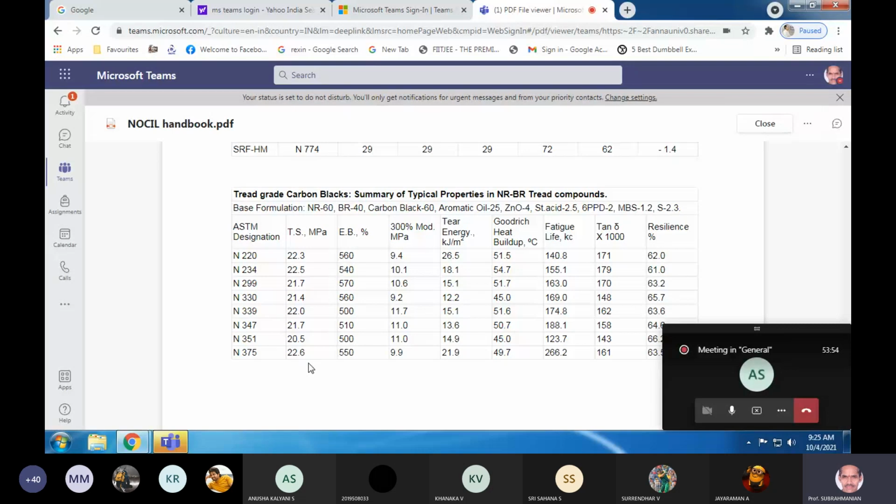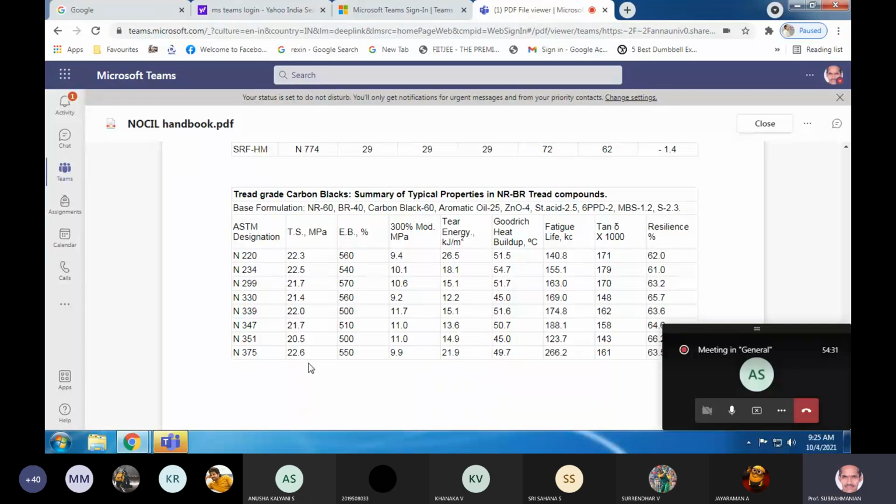How does it matter? It matters a lot in terms of fatigue life. Fatigue life in kilocycles, 150 plus. And if I increase the structure further, there is an increase in the fatigue life. Other properties suffer. Yes, tensile strength marginally suffers, tear strength also, but fatigue life improves.